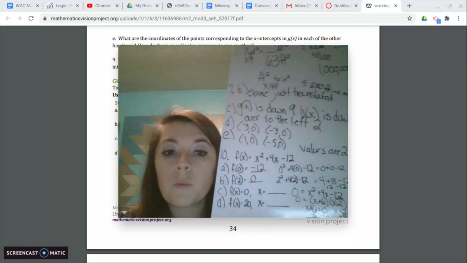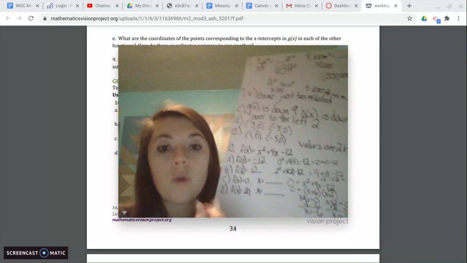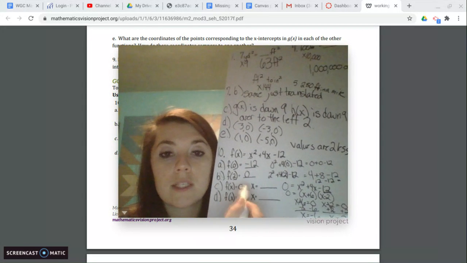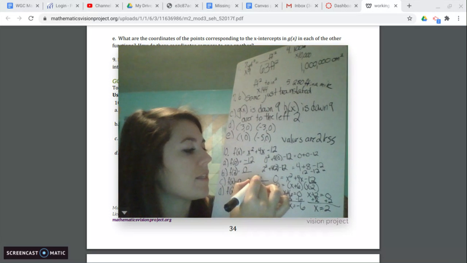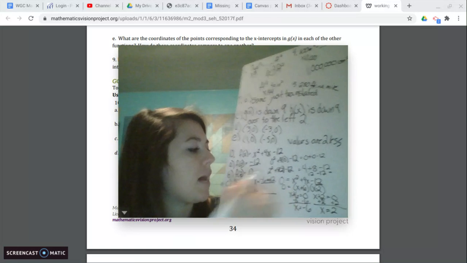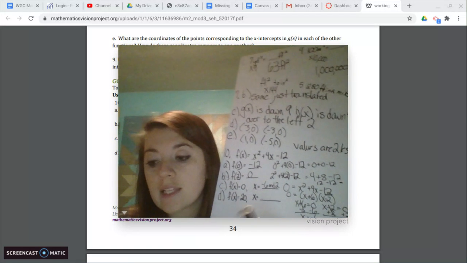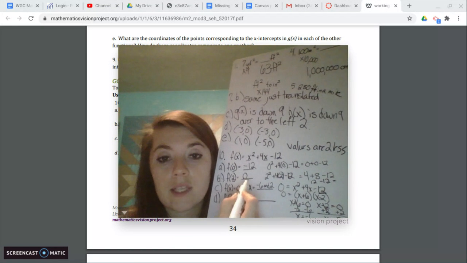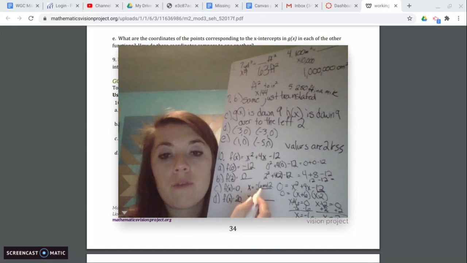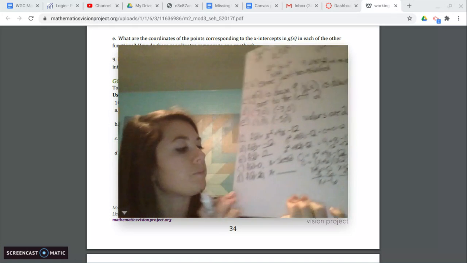So when we're dealing with quadratics, remember, we can have more than one x-intercept, and that's what this is looking at here. So we have our negative 6 and positive 2. Those are our x-intercepts, both of them. Here we found one of them by seeing that the y value is 0. Here we found both of them by factoring.